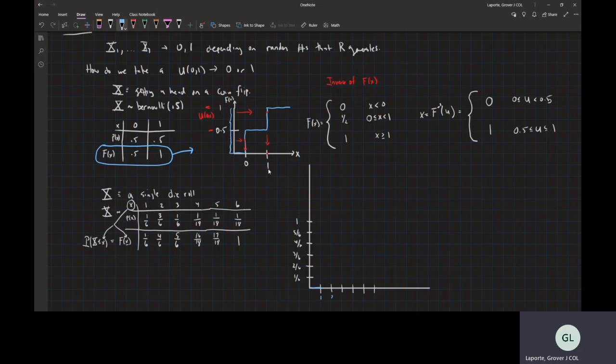This would be 1, 2, 3, 4, 5, and 6. And then this one would come up to 1/6. Because 2 is such a heavy hitter here, it's going to go up by 3 numbers all the way up to 4/6. So it's going to go up to here. And then it's going to come over and go up another 1/6.